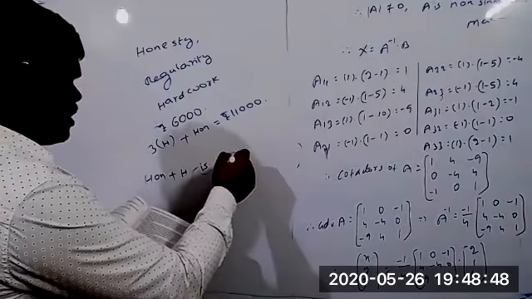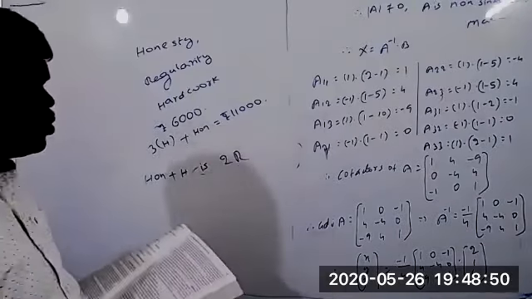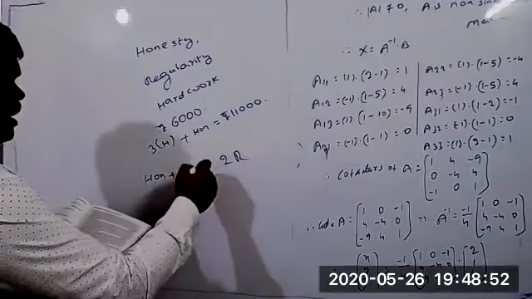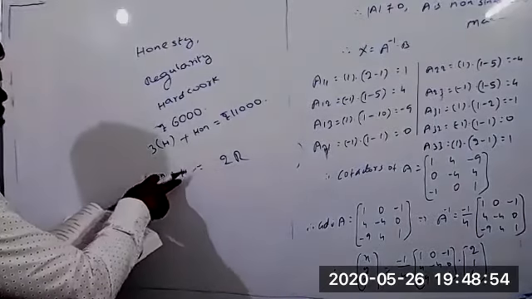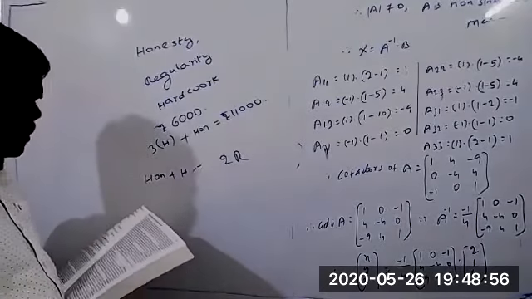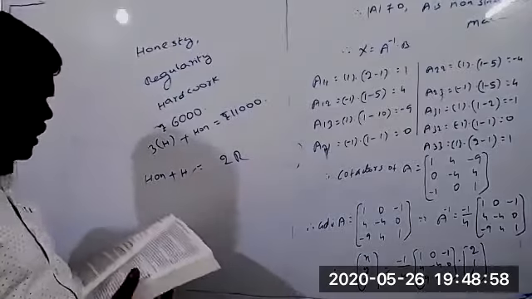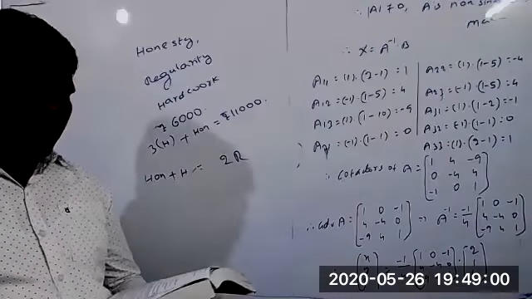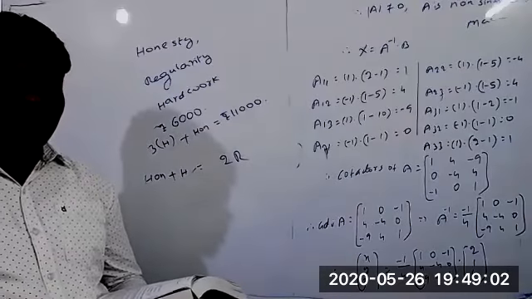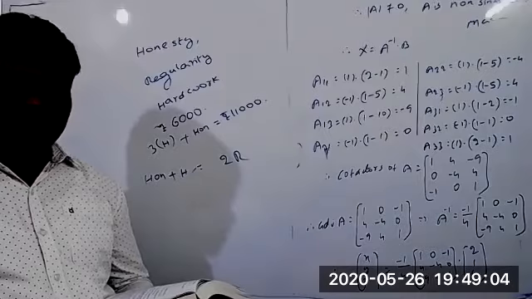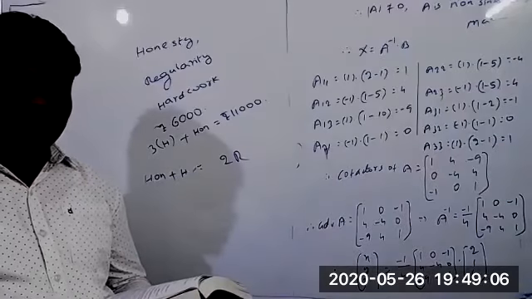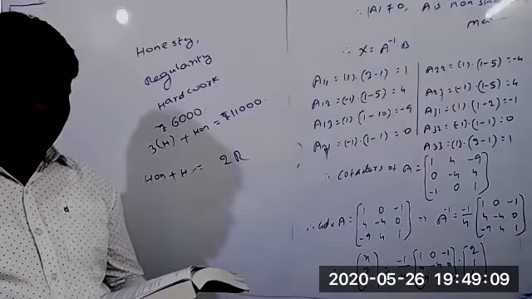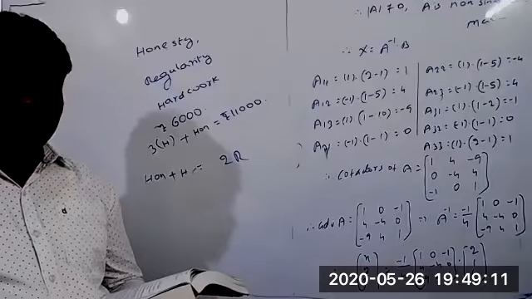That means 2R. Honesty plus hard work together given for what is that? Double of regularity. Together is double the one given for regularity. Full stop.